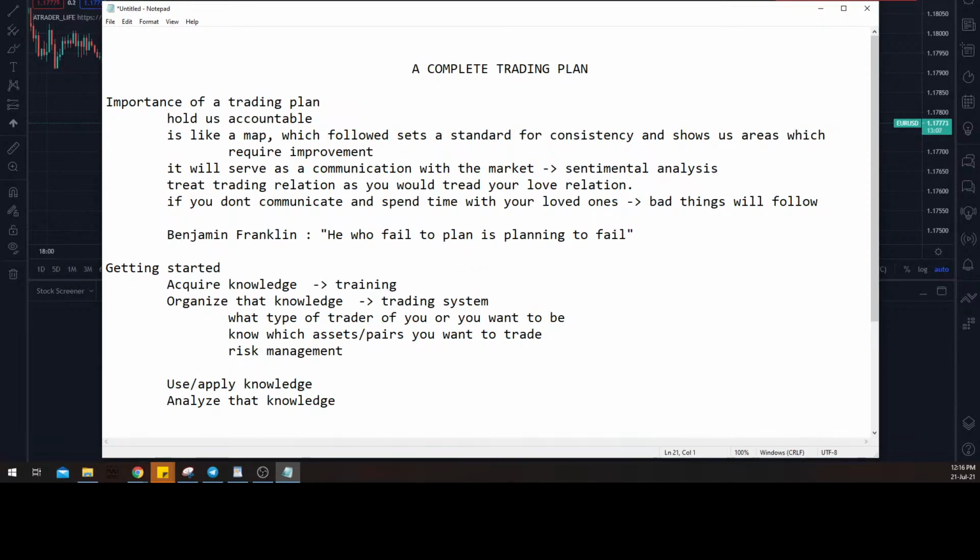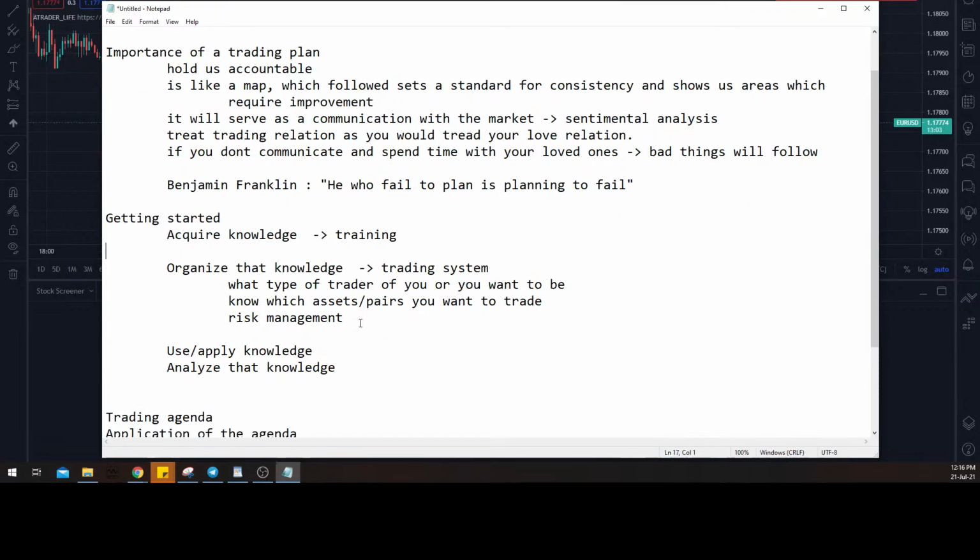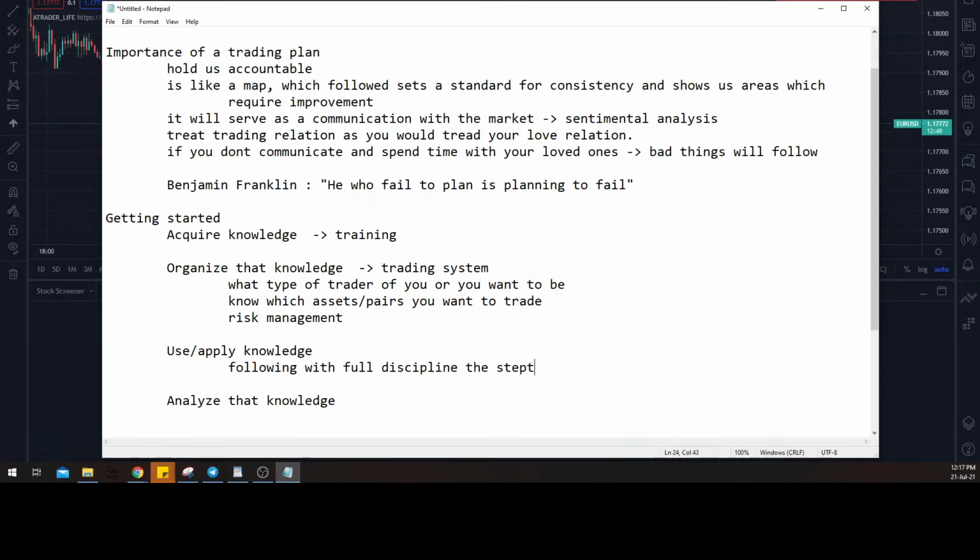Now, using or applying our knowledge means following with strict discipline the steps from the second point, the steps from organize.